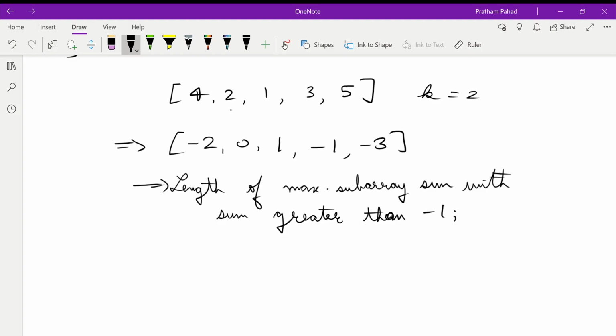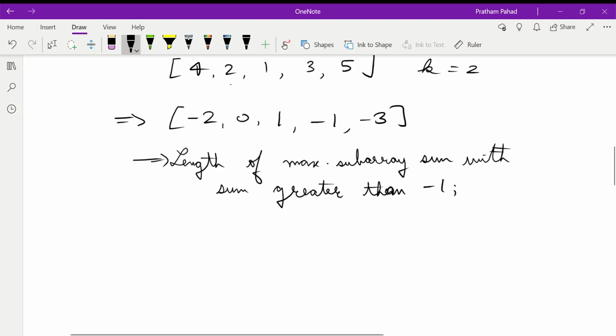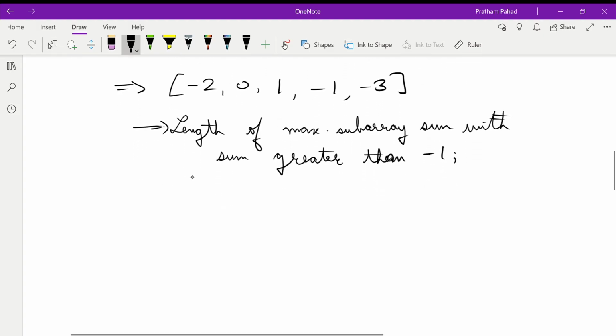So if we have to find a subarray sum, then firstly we'll try to compute the prefix sum of this array. Okay. So the prefix sum will be minus 2, minus 2, minus 1, minus 1, minus 2, and minus 5.